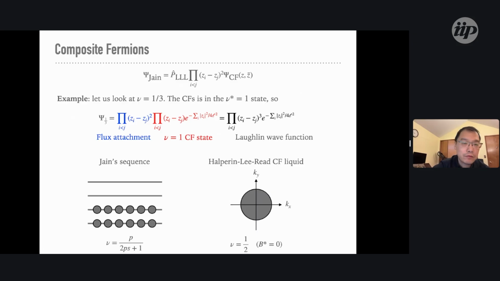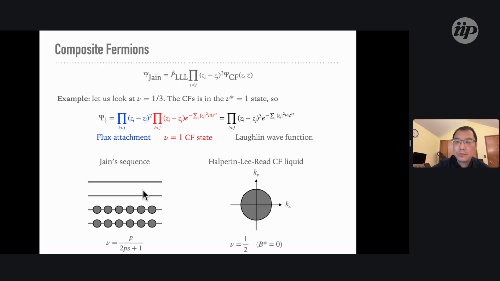And at the very special filling of 1/2, when the electron grabs two fluxes, the composite fermion doesn't feel any effective magnetic field, and you go back to the composite fermion liquid proposed by HLR. That's what happens if you think in terms of flux attachment.